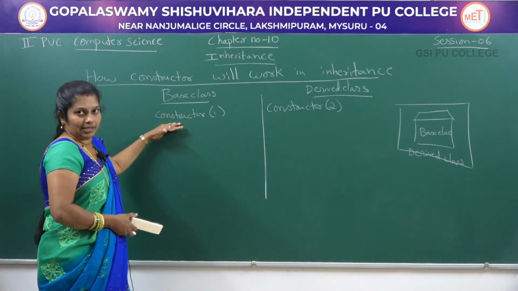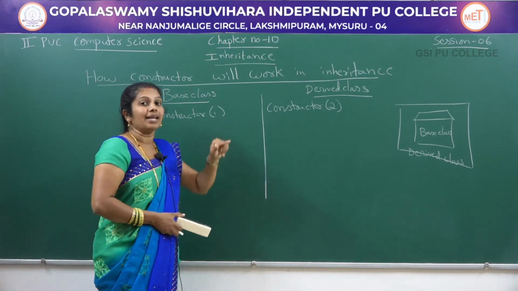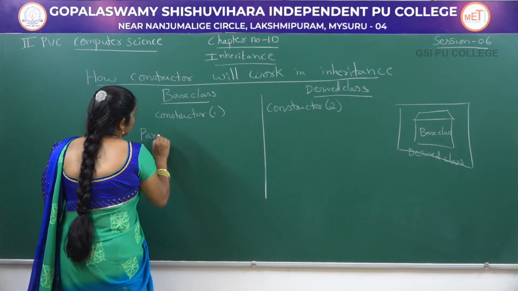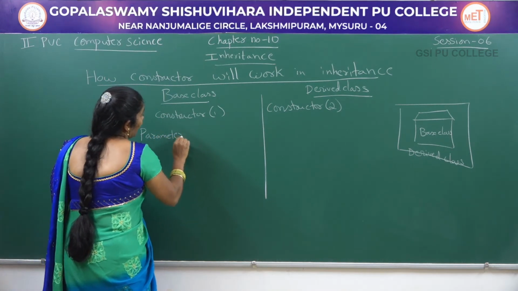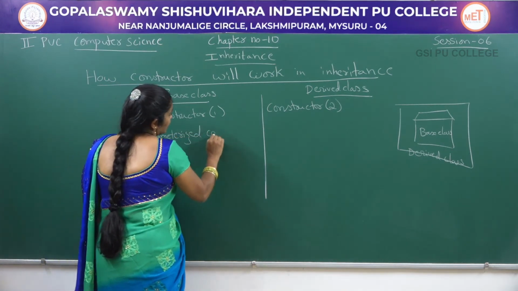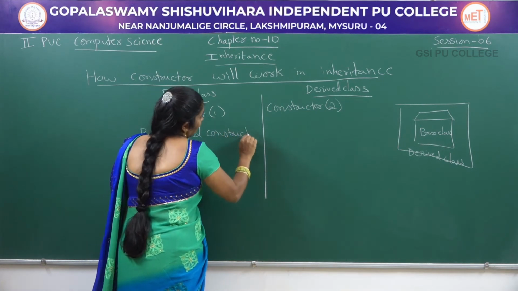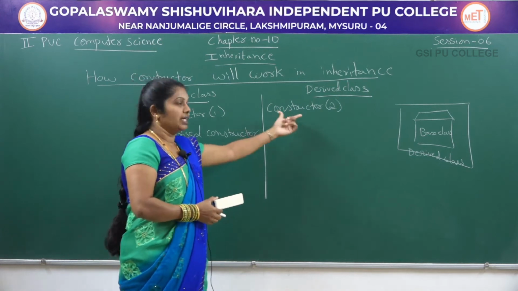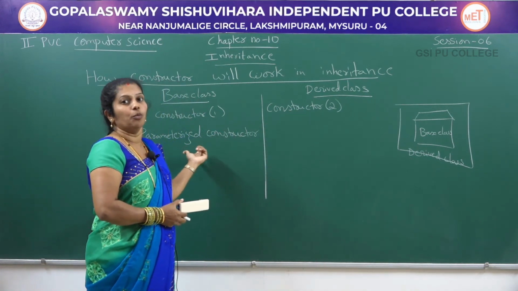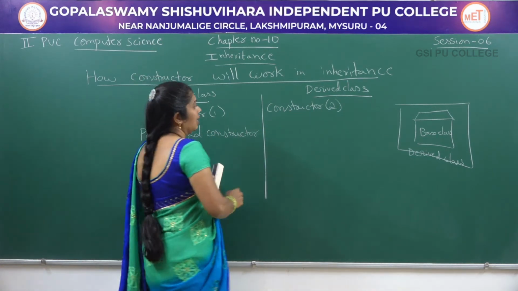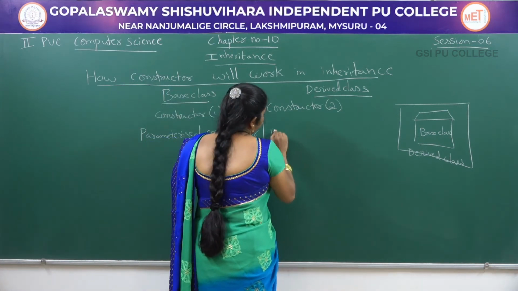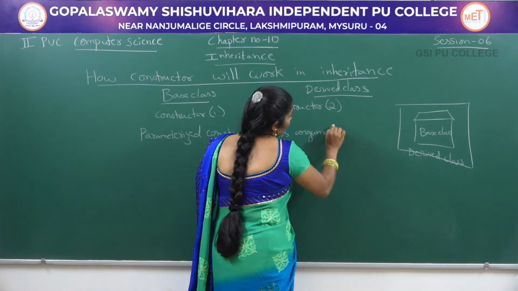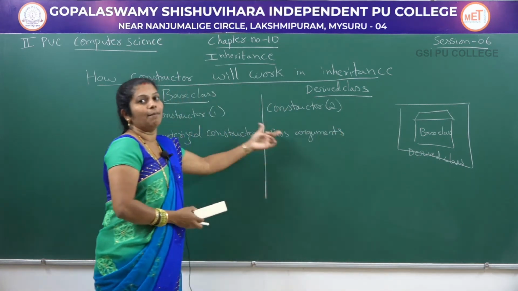For example, in the base class, if you have a parameterized constructor, then it is compulsory, it is mandatory for a derived class to pass the arguments to the base class constructor.